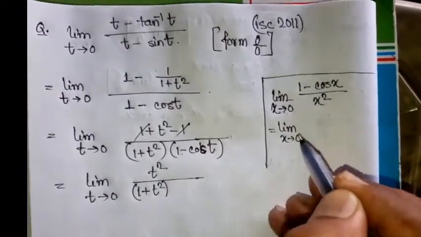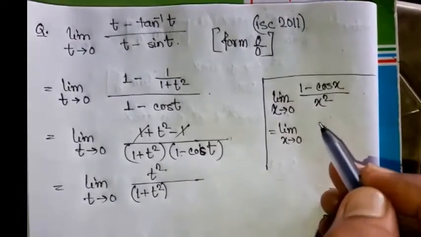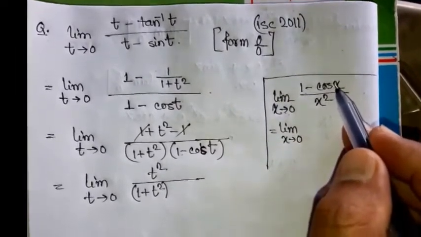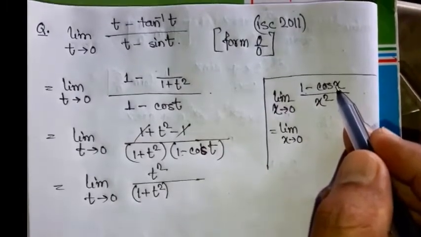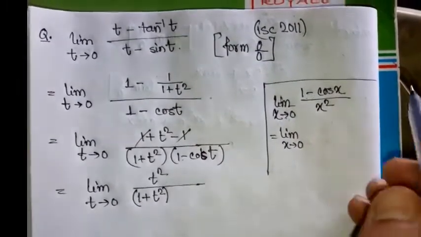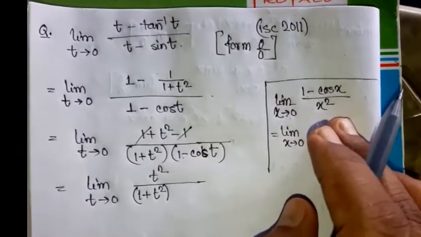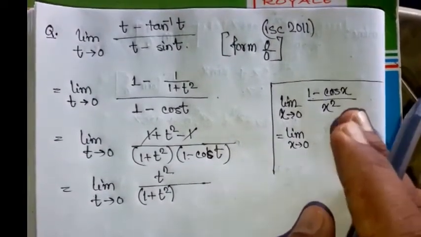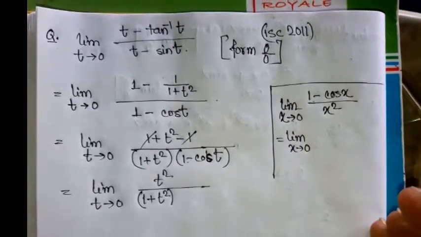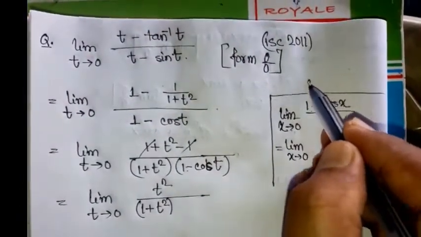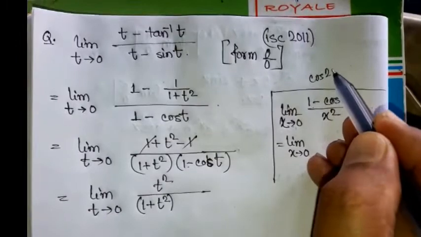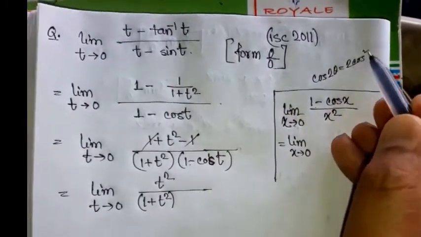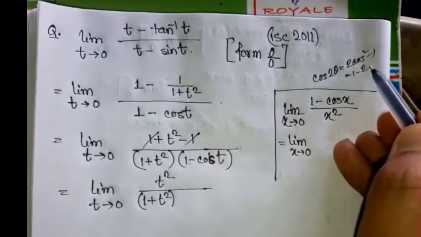Limit x tends to 0. This part you learnt in class 11. 1 minus cos 2 theta. How many formulas do you have? Cos 2 theta equals 2 cos square theta minus 1, and another one is 1 minus 2 sin square theta.